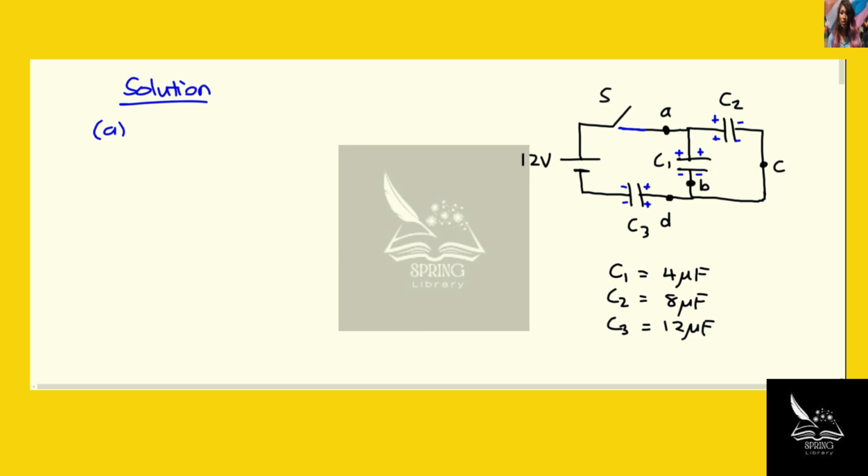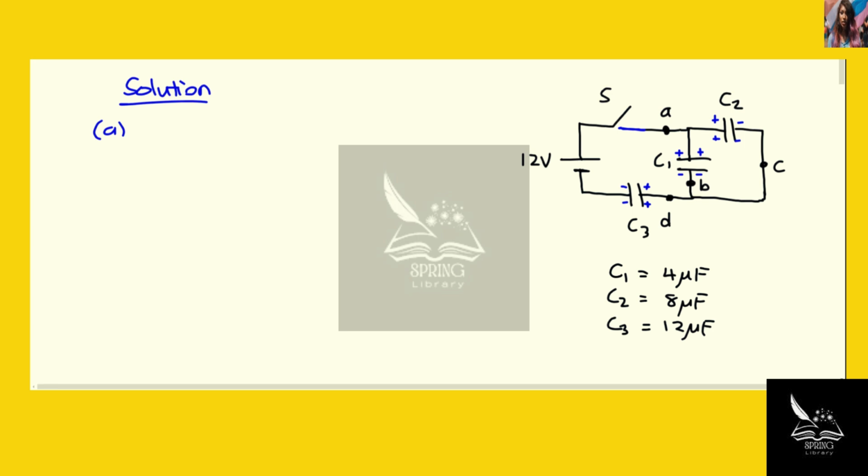The side with A is connected to the positive terminal of the battery, so it will be positively charged. And the left plate of C3 here is going to be negatively charged because it's connected to the negative terminal of the battery.